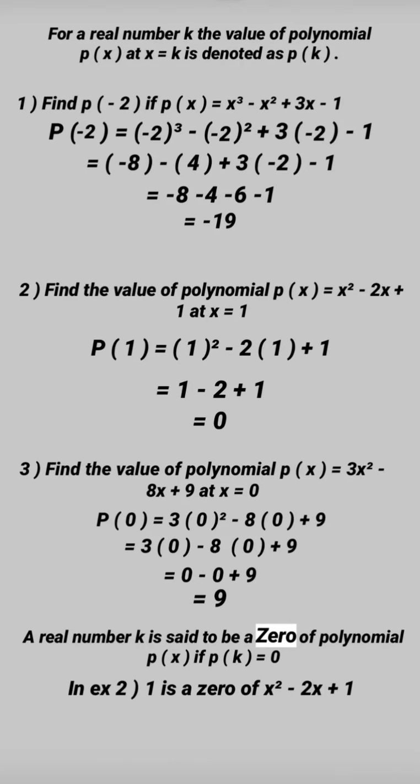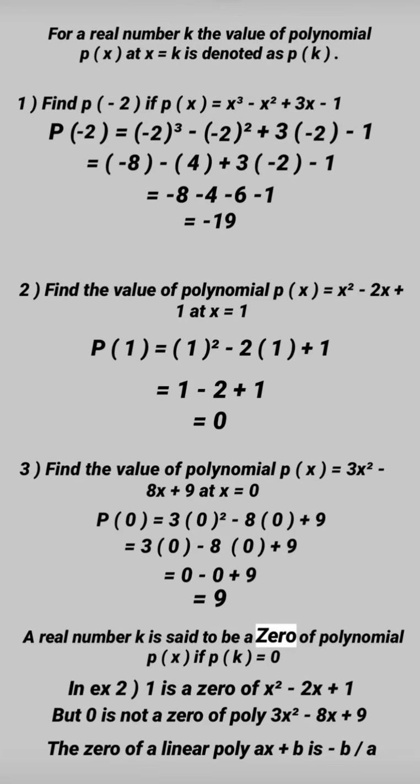Students, note that in the third example, p(0) is equal to 9, and therefore 0 is not a zero of the polynomial 3x² - 8x + 9. The real number 0 is not a zero of this polynomial, because the value of this polynomial at x = 0 is 9, which is not equal to 0.